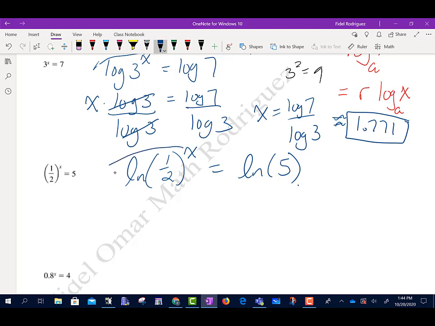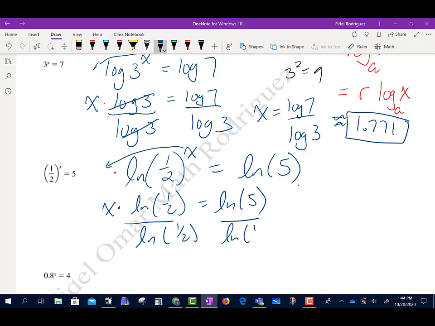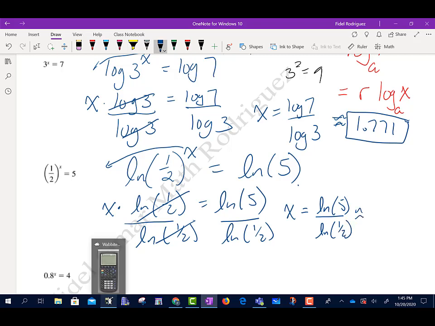Now, I'm going to bring this x down here. So this is going to be x times the natural log of 1/2 is equal to the natural log of 5. Now, we're going to divide both sides by the natural log of 1/2. These here are going to cancel. So we're going to have x is equal to the ln of 5 divided by the ln of 1/2, and we're going to approximate it now.